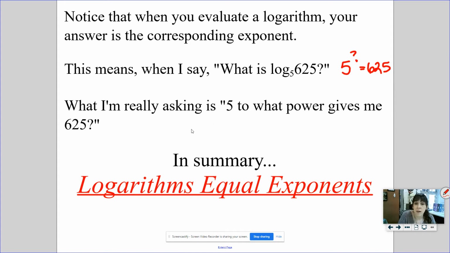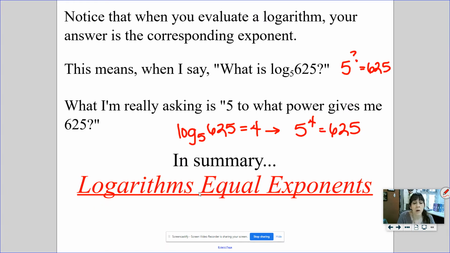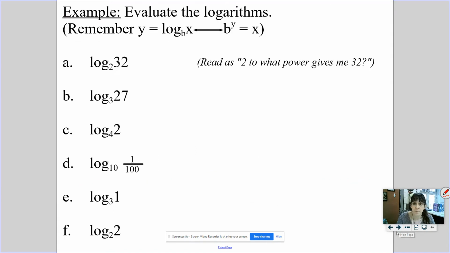So when you give me the answer, log base 5 of 625 is equal to 4, the answer represents the exponent that creates an exponential function. 5 to what power equals 625? The answer is 4. So the important connection that needs to be made today is that logarithms really are equal to exponents in an exponential function.